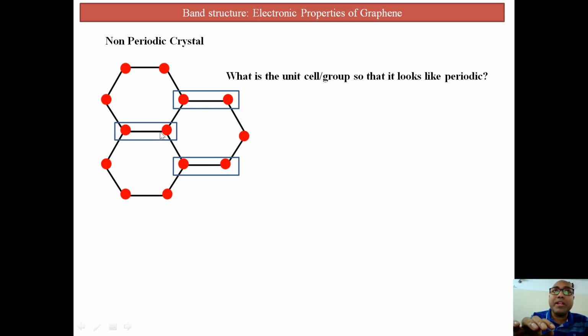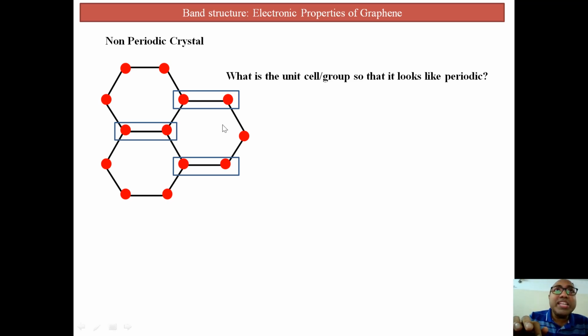Just like the previous thing, you can put a single atom here, a single atom here, and a single atom here. That you can do as homework, and you will find it's nothing but a periodic arrangement. Okay, but what else?